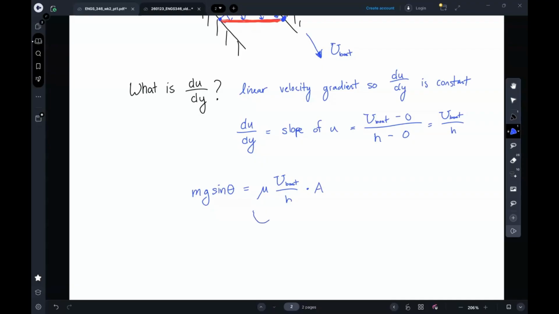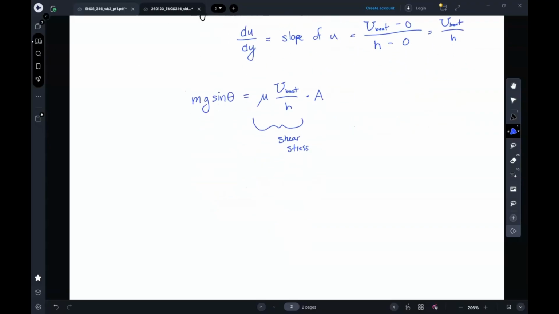So this here is our shear stress. Now we just have to solve for u boat, using the dimensions and things that we know.